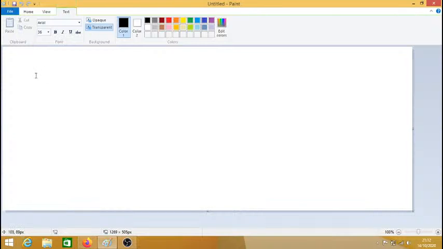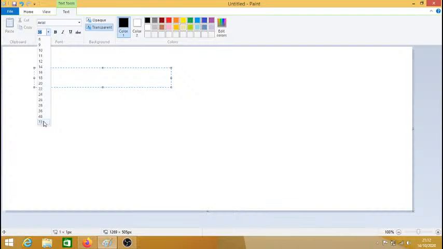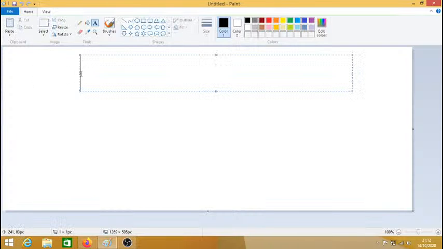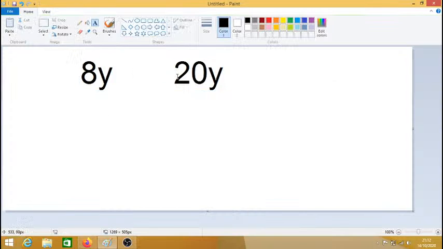But then you need to take it up to the next level, which is when we throw in some algebra as well. So if I just start off simply, if I just say I've got 8y and I've got 20y, can you spot the factor that can make both?